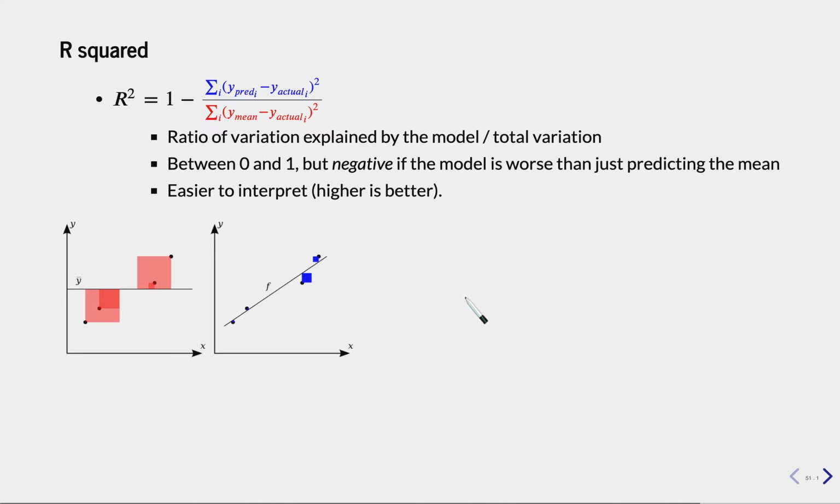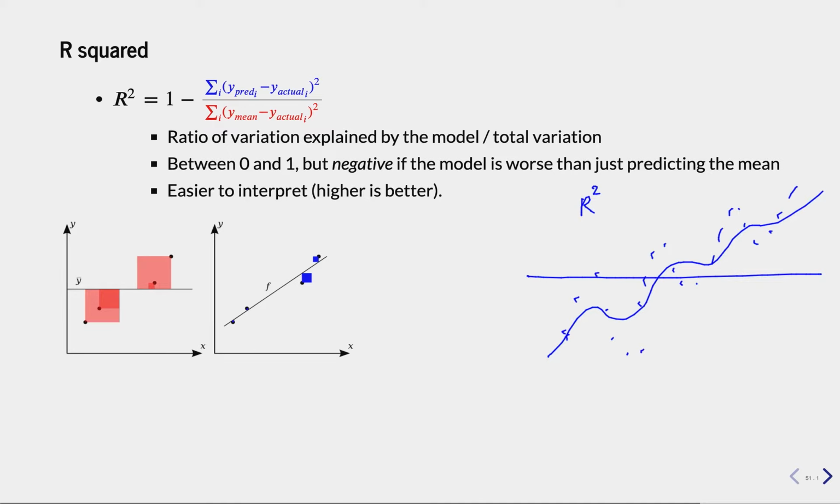Right? So if you have a bunch of points, hopefully you will learn a function like this. And that gives you a certain R-squared score. And what it does is it basically measures how much better this prediction is than just predicting the mean through all these points. Right?